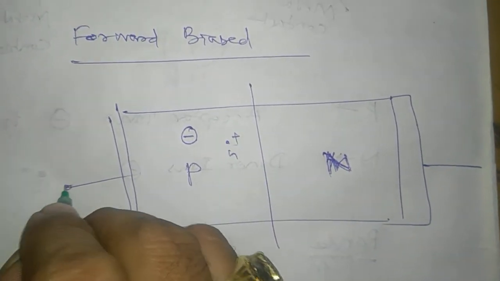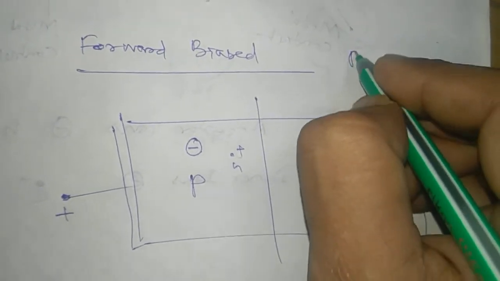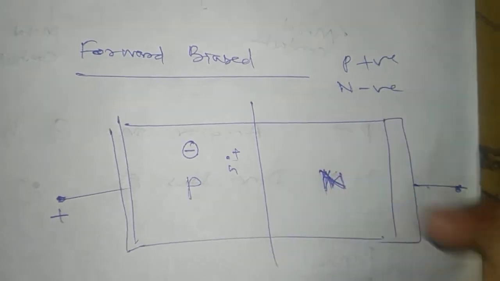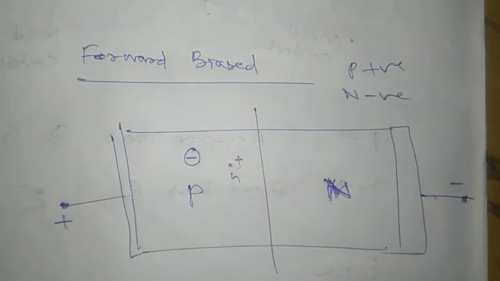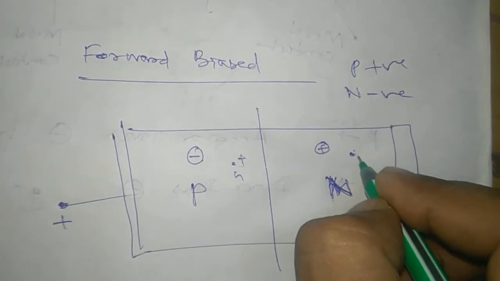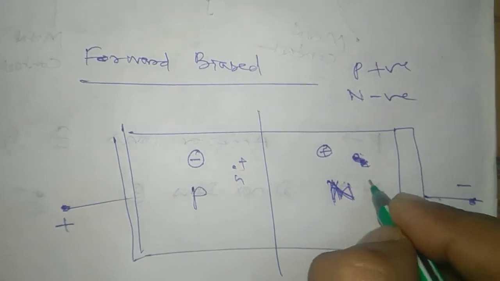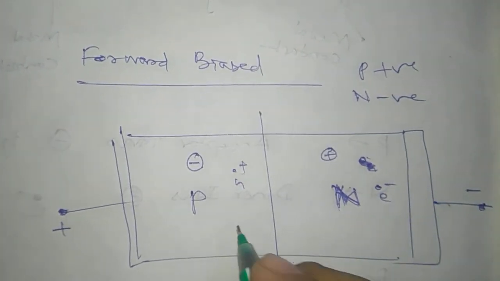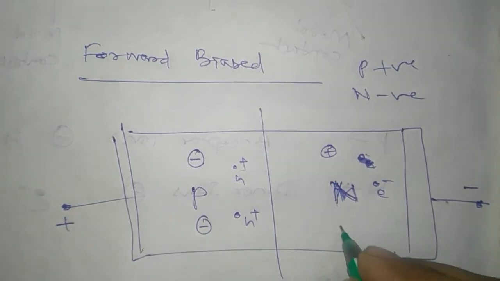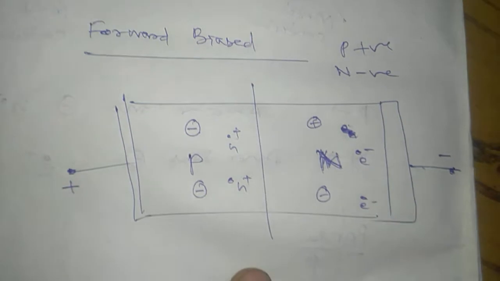Because this is forward biased, P is always given positive and N is given negative. So this is plus, and this is the electron, minus.